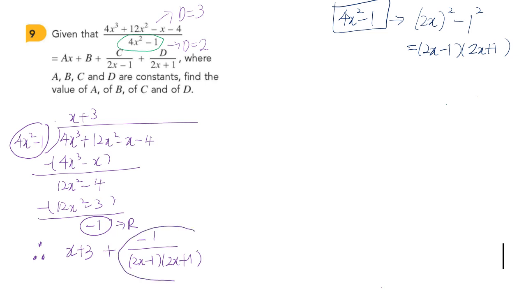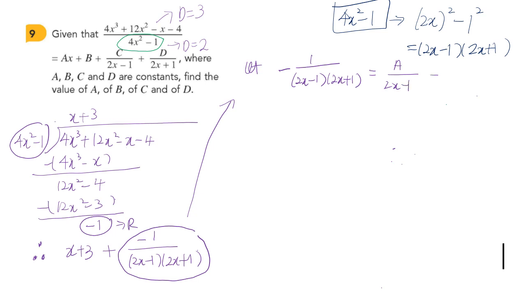Alright, so this one is definitely a proper fraction. So we're going to apply the partial fraction rules for that. We're going to let negative 1 over, both of them are linear factors, so it's just A over 2x minus 1 plus B over 2x plus 1.